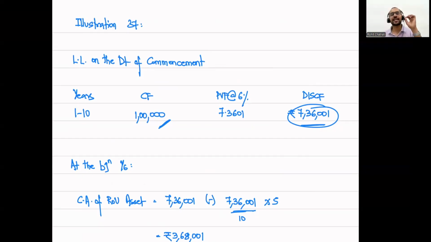I will calculate the derecognition by seeing how much money I no longer am required to pay. I will take its present value into today's terms, and that amount is the reduction, or derecognition, of lease liability.